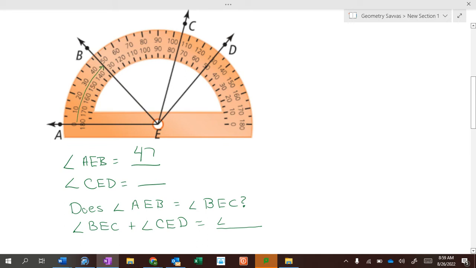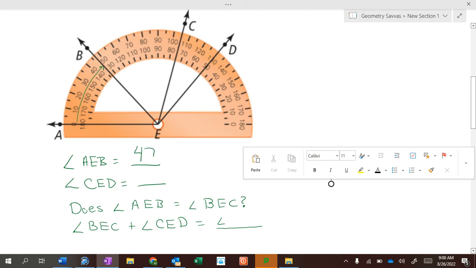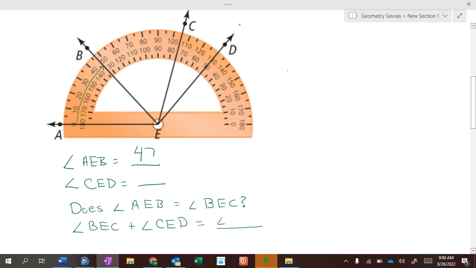How big is CED? Well, neither one is on 0. D is on 130. C is on 105. So to figure out the distance in between them, we subtract. 130 minus 105 is 25.